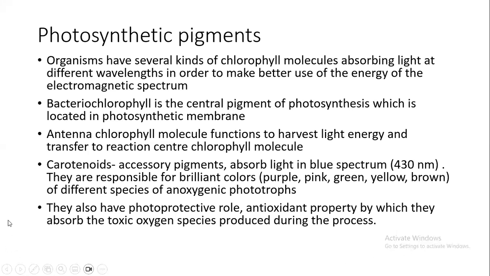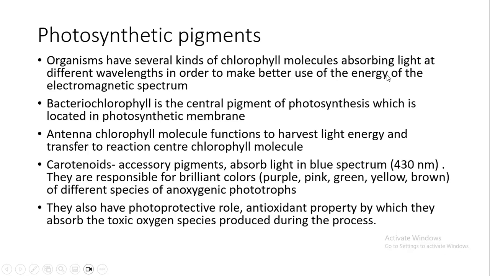So basically organisms have several different types of chlorophyll molecules, and each of the molecules is absorbing light energy at different wavelengths. This allows the living system to make better use of the energy of the available electromagnetic spectrum.